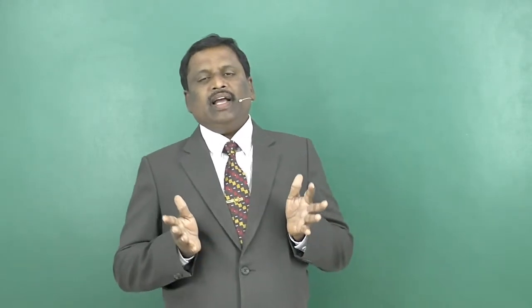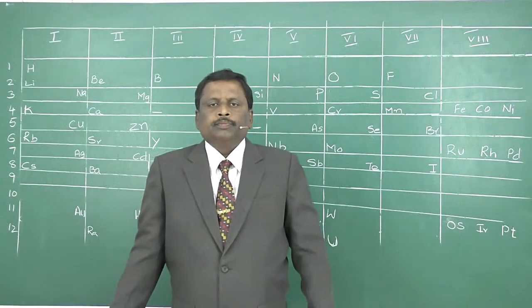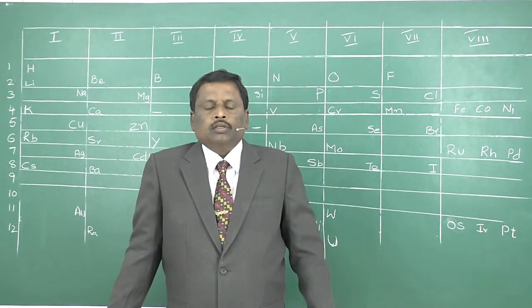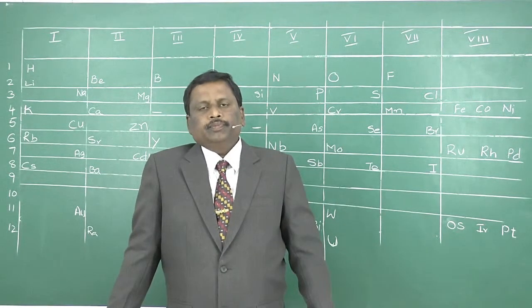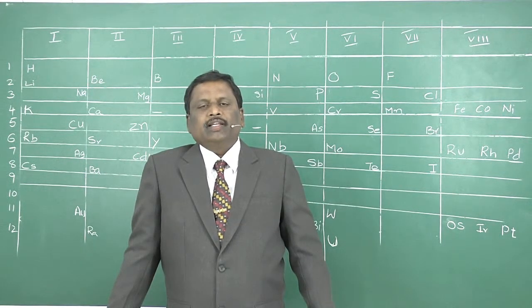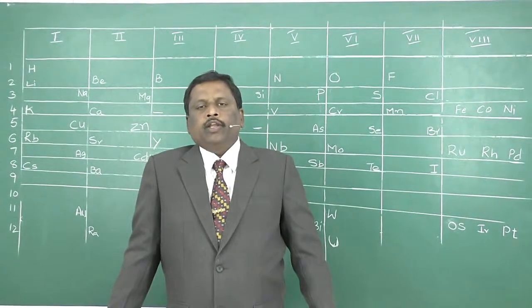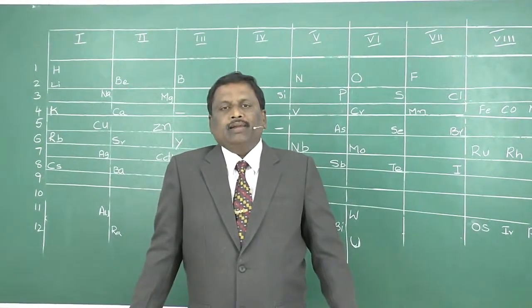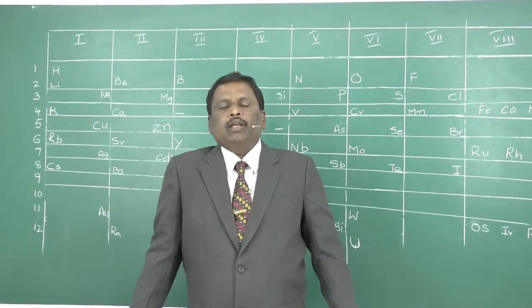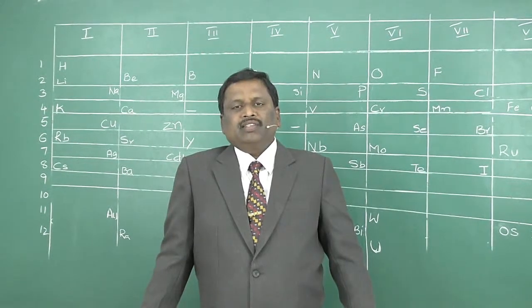Let us see how he arranged the elements of the periodic table. So far, he identified and studied the properties of nearly 63 elements. According to Mendeleev's periodic law, the physical and chemical properties of elements are a periodic function of their atomic masses.